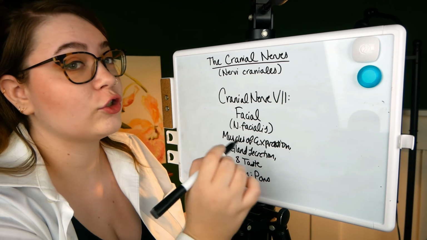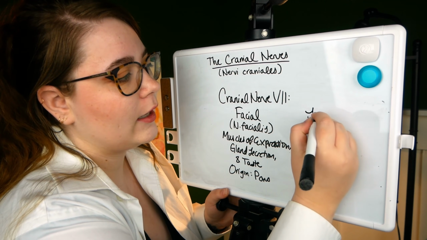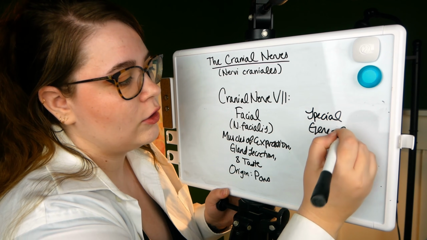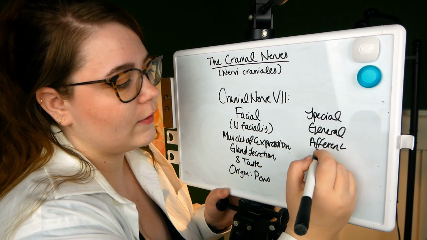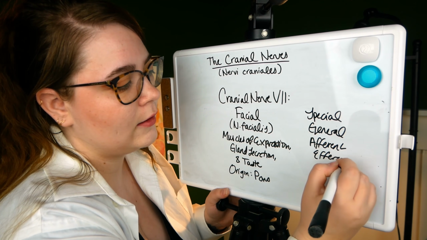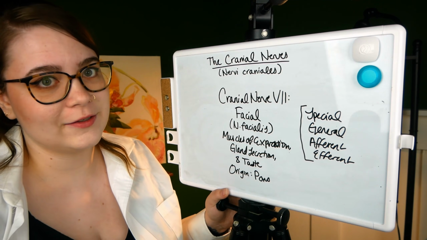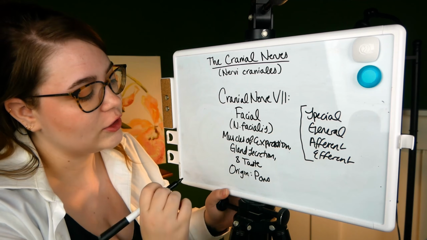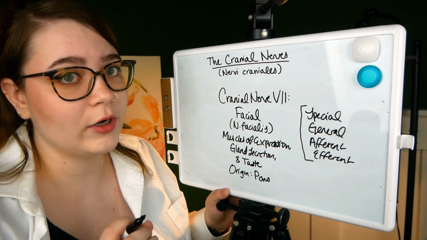This is an extremely mixed nerve. There are all kinds of combos of special, general, afferent, and efferent functions in this nerve. It's got a lot going on. And it originates in the pons, which in Latin means bridge.